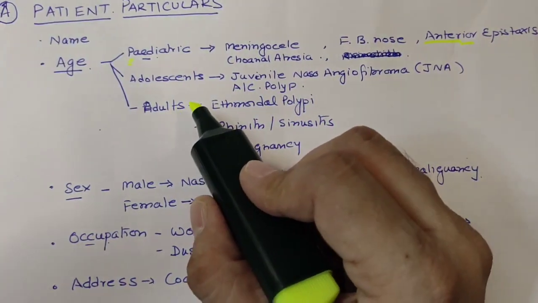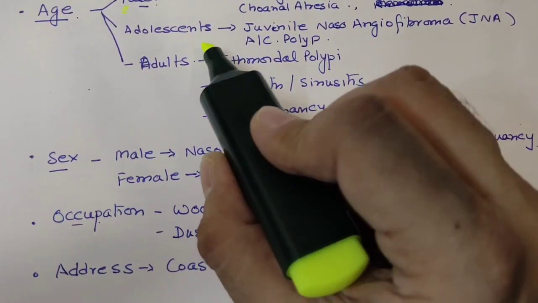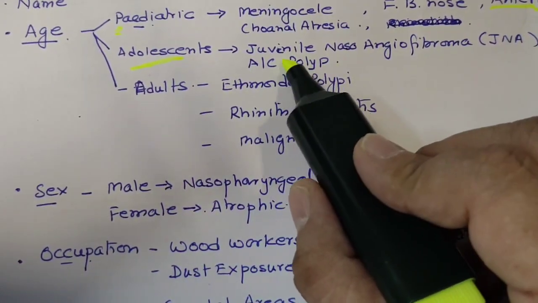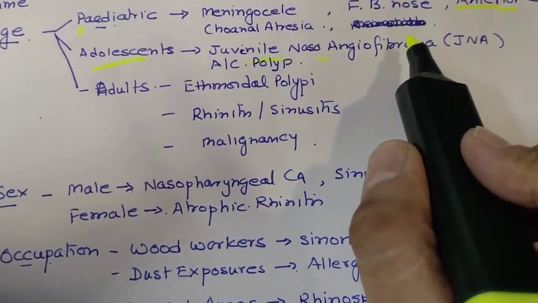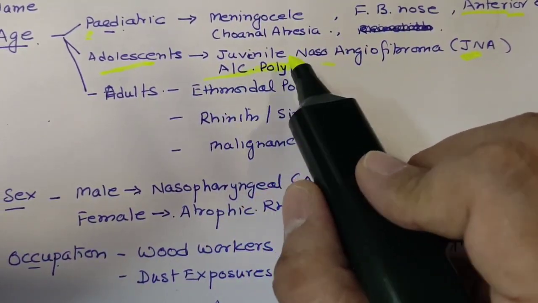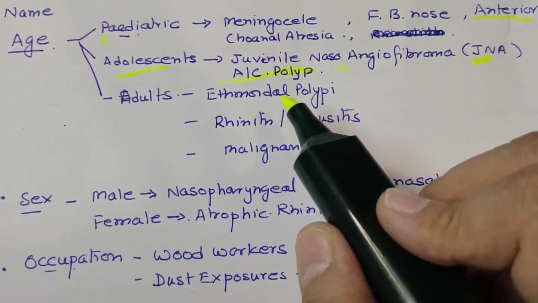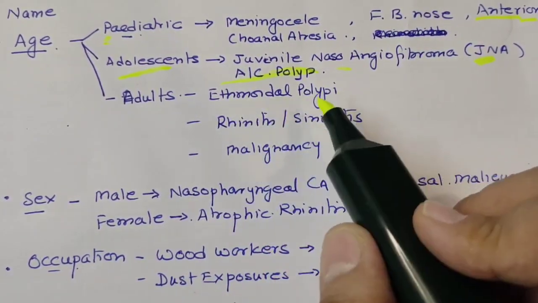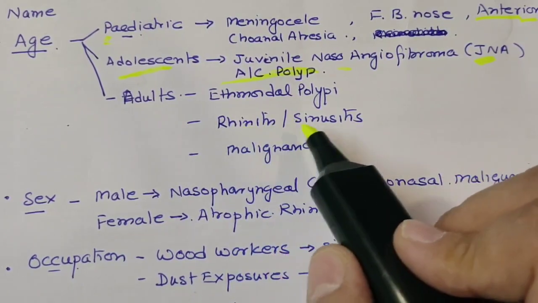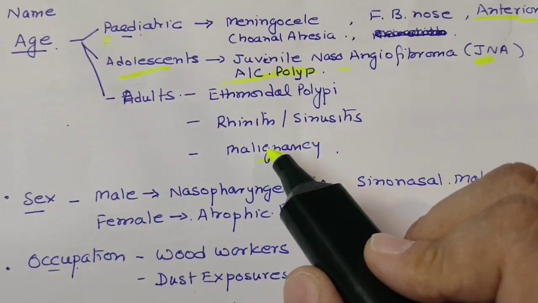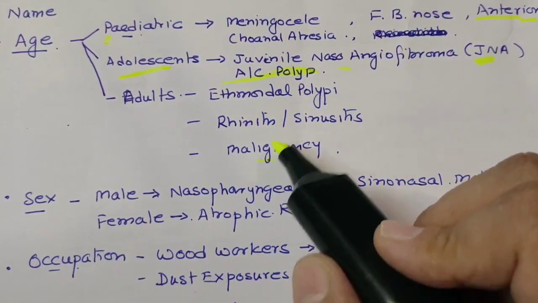Similarly, in the adolescent, you can find juvenile nasoangiofibroma, also called JNA, and antrochoanal polyps, which are more common in the adolescent age group. And in adults, things like ethmoidal polypi, rhinitis, sinusitis, and malignancy are more common.